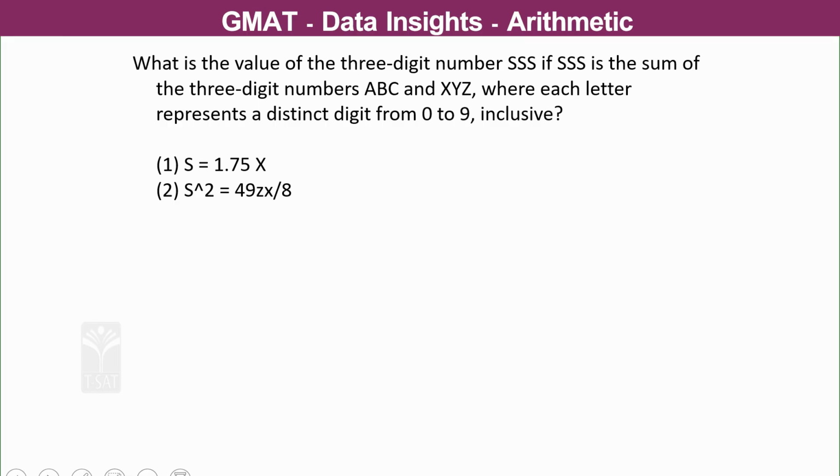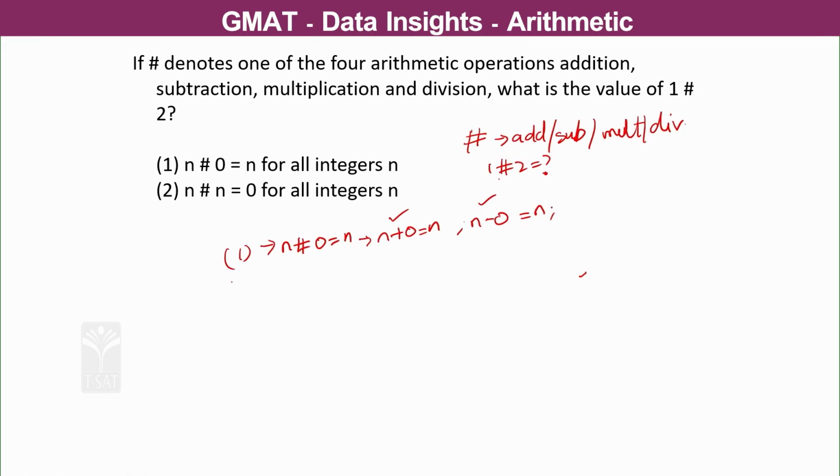Can it be multiplication? Let us check, n into 0 is not equal to n, it is equal to 0. Therefore, it cannot be multiplication, and for the division also n divided by 0 is not equal to n. So, therefore, it cannot be division. So, it is either addition or subtraction.